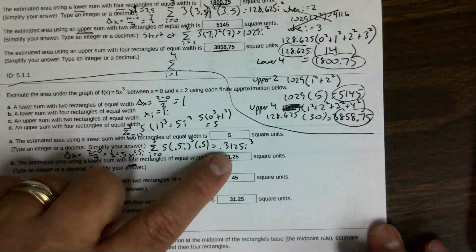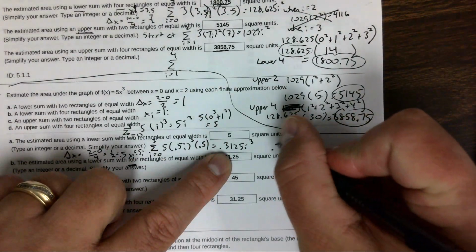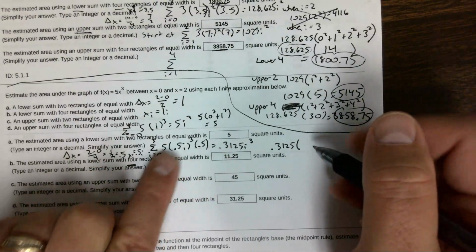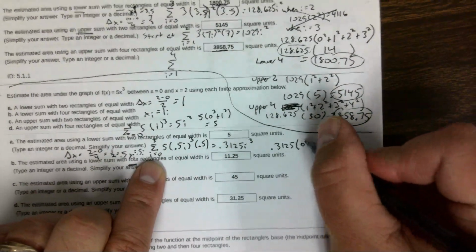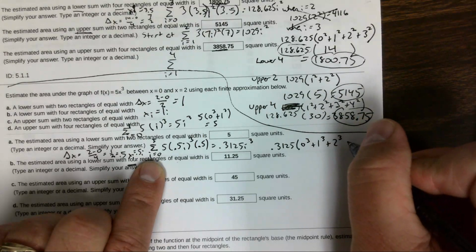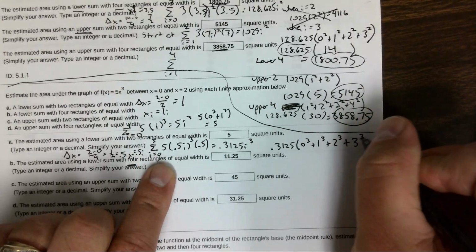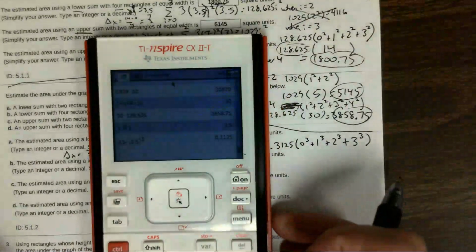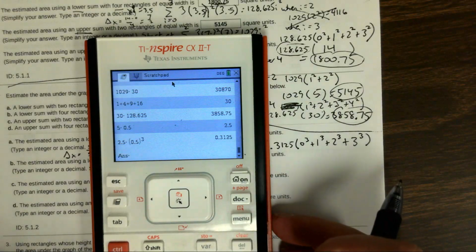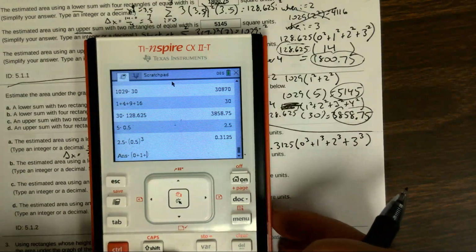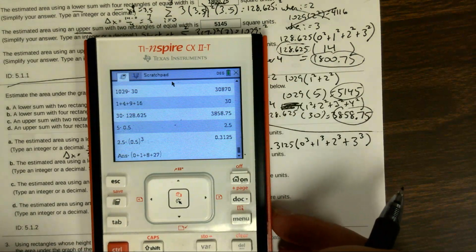Now, with that, we need 0.3125 times 0 cubed plus 1 cubed plus 2 cubed plus 3 cubed. So that's 0 plus 1 plus 8 plus 27.